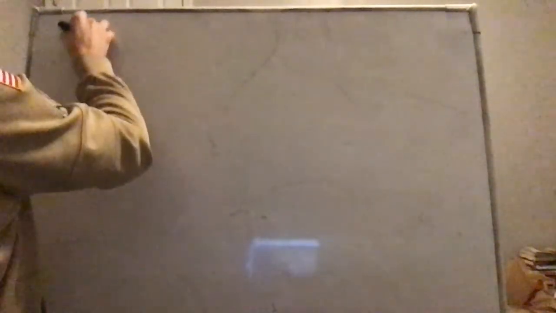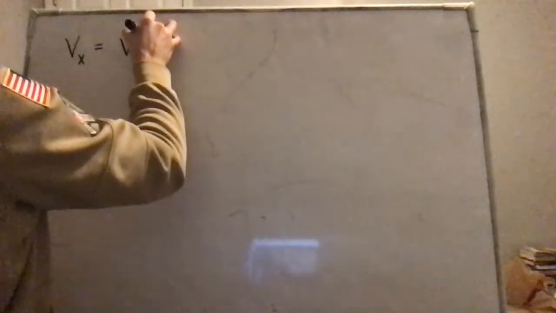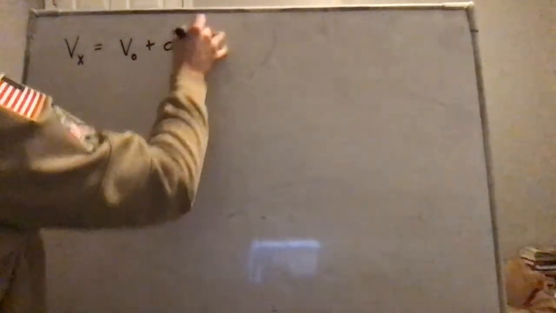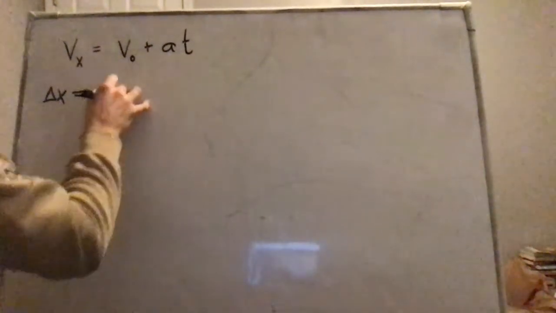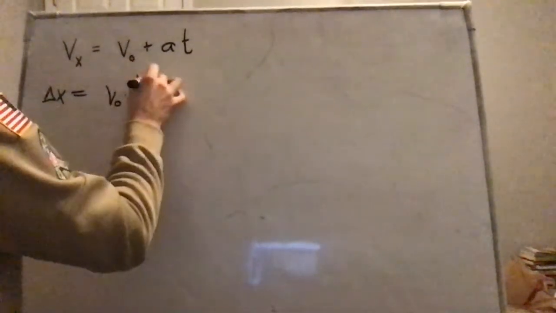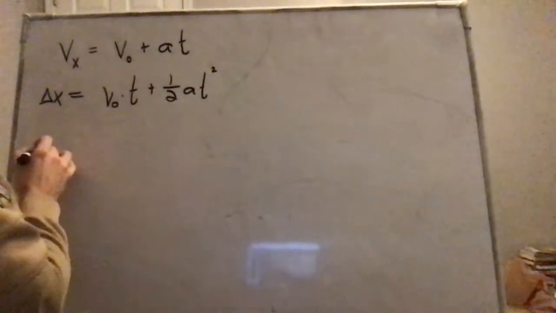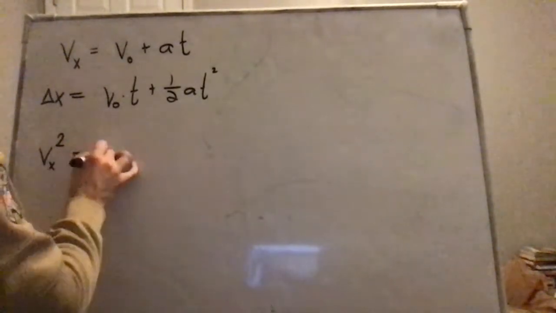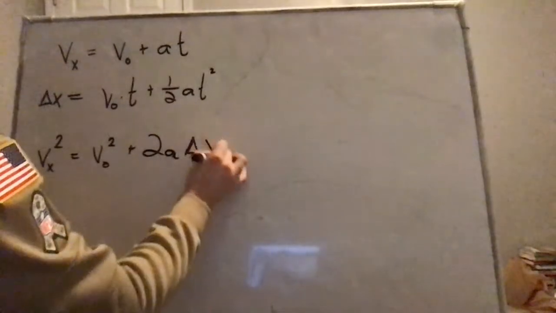The very first equation we came up with was Vx, the way it shows up on your equation sheet, V initial plus AT. We also had change in x, initial velocity times time plus 1/2 AT squared. We had Vx squared equals V initial squared plus 2A delta x.